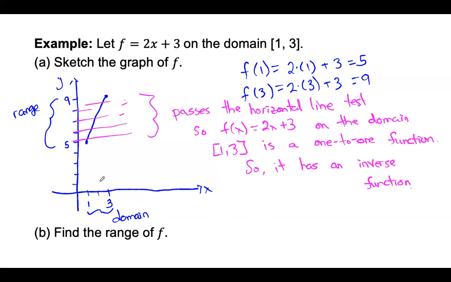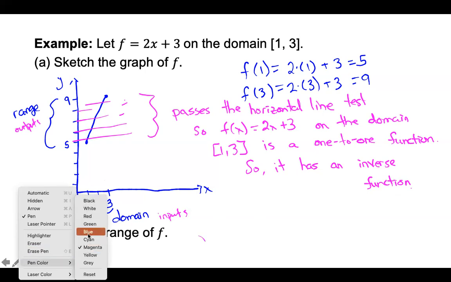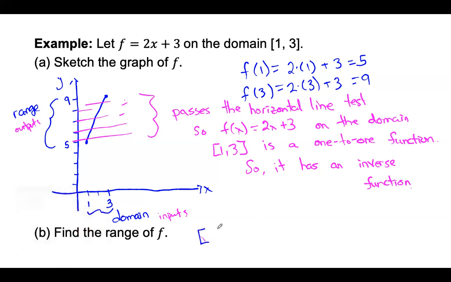And we can see by the sketch, if this was the domain, which is basically our inputs, our outputs here, the range, another word for it, it goes from, therefore, 5 to 9. Check mark. Okay.